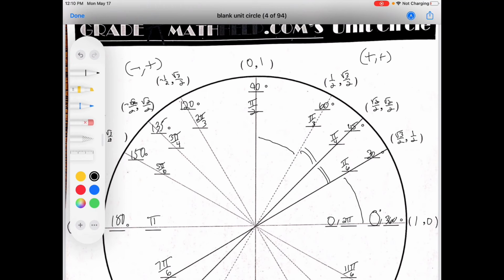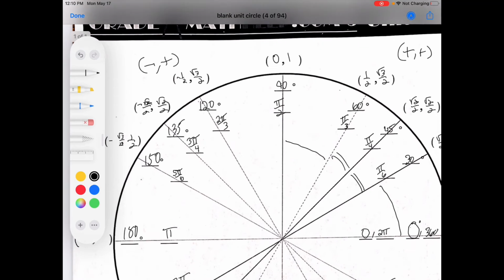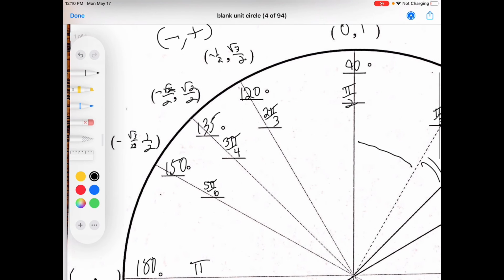And then at 150, that is negative root 3 over 2, positive 1/2. This thing keeps jumping in the way. Negative root 3 over 2, positive 1/2.